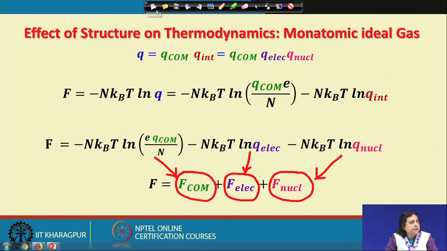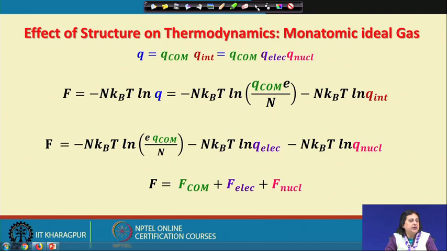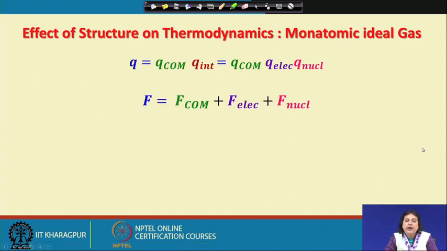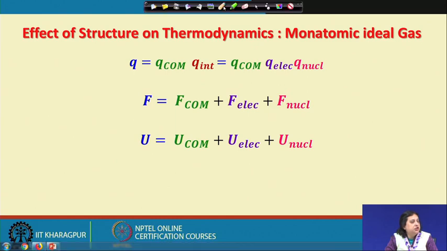Now, once this happens, we understand that this kind of property is not unique to the Helmholtz free energy itself. So, using the same type of argument, I should be able to partition the total internal energy of the system into three different contributions in a monatomic ideal gas.